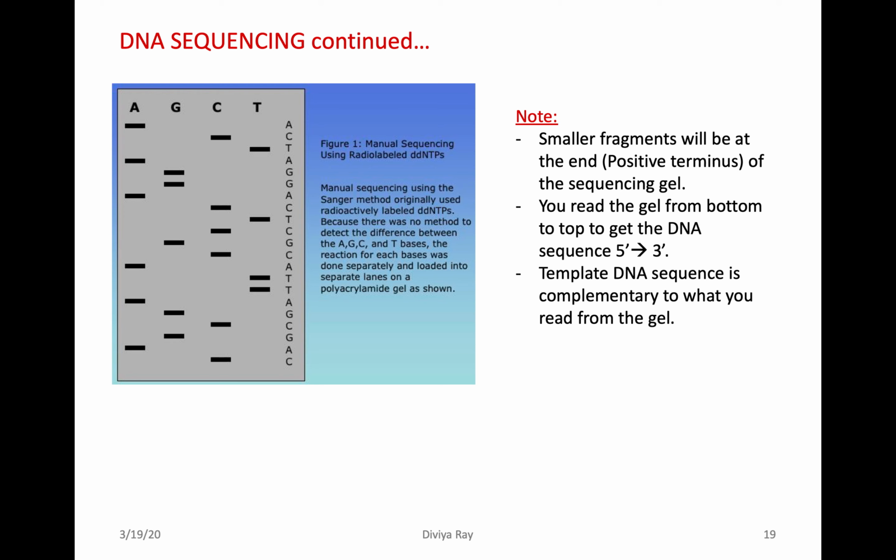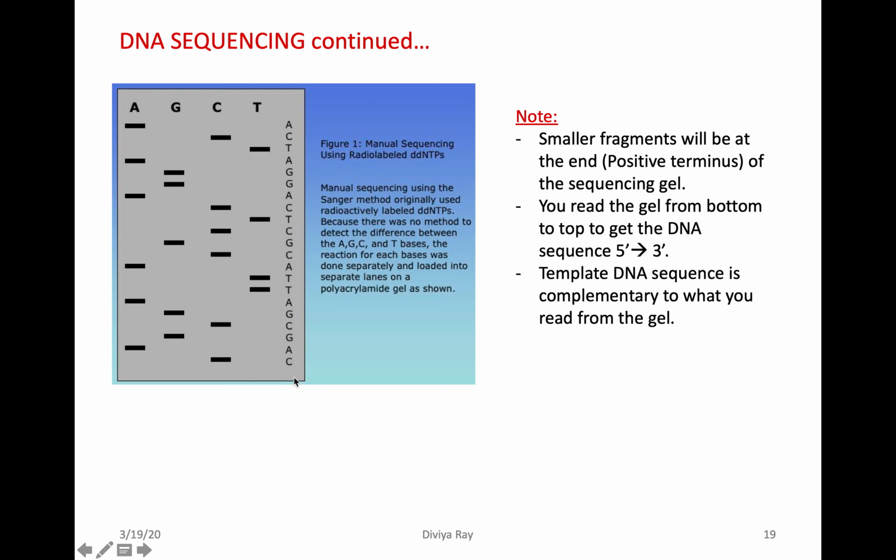And this being the smallest fragment will move faster compared to the other ones. So the fragments move from negative to positive terminus, but when you're reading it from bottom to top, this fragment will be the closest to the 5' end, and this will be the closest to the 3' end.